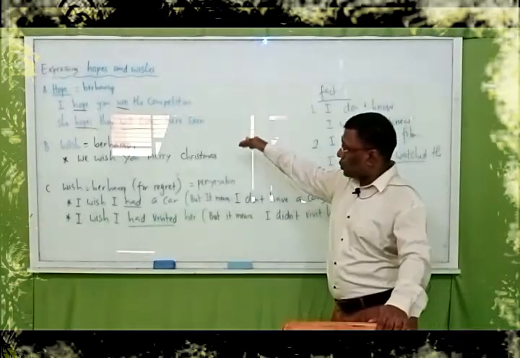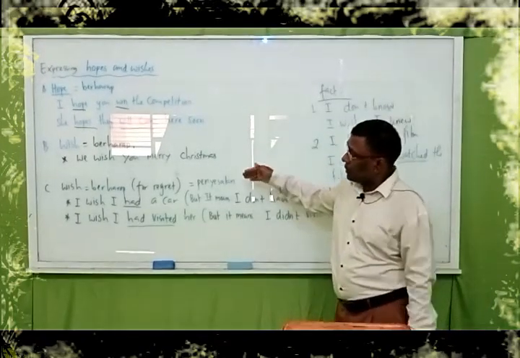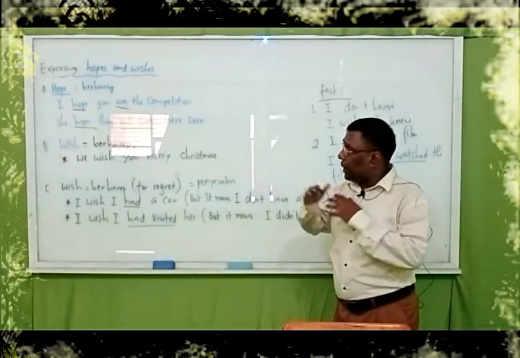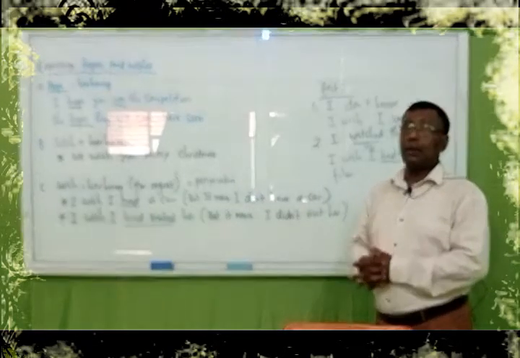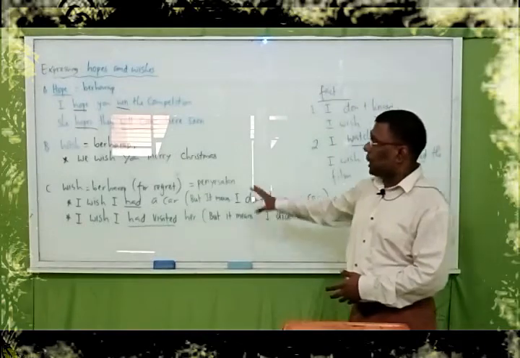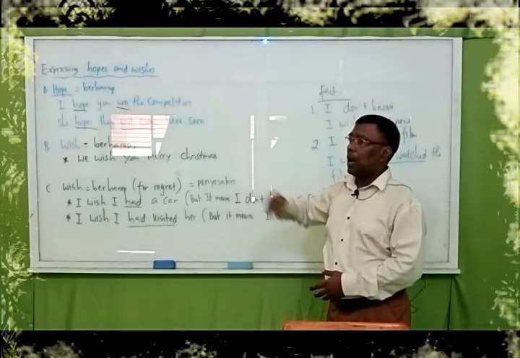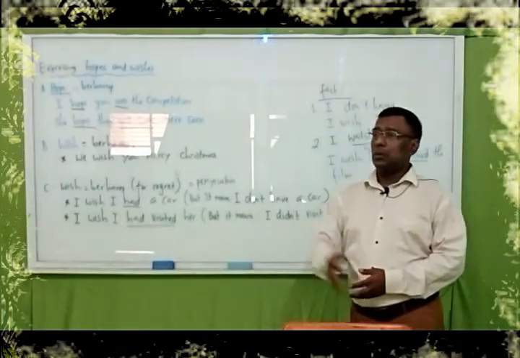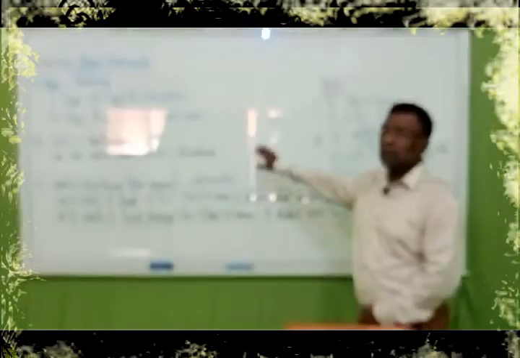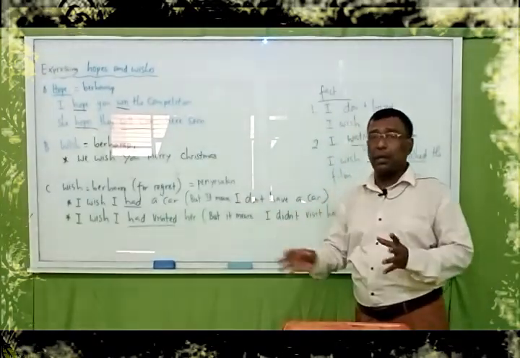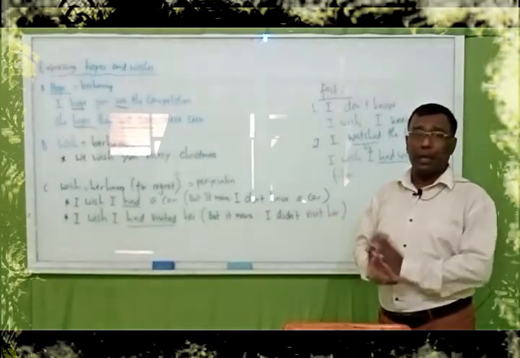So the first wish and the second wish are far away, different, because this one is about regret. The first is a very simple thing: I wish you happy. That's easy. But this one is a little bit difficult. We will discuss more about that later.